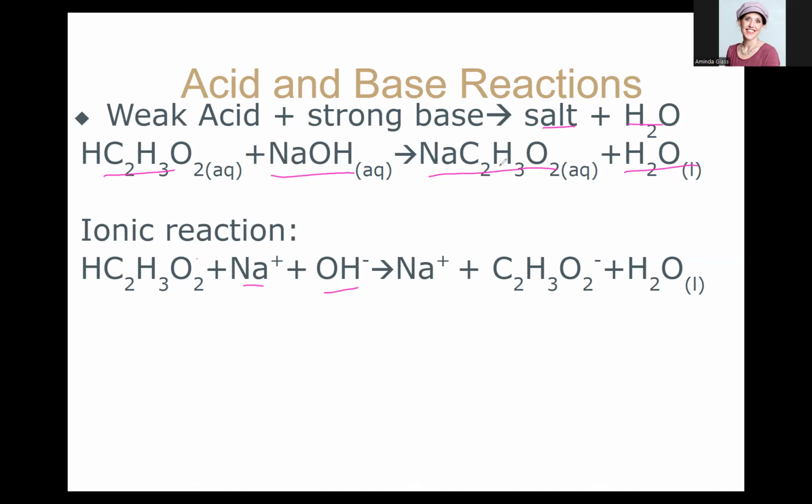And then salts break completely apart in solution. And then you have your water molecules.